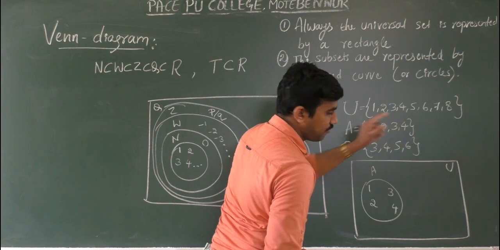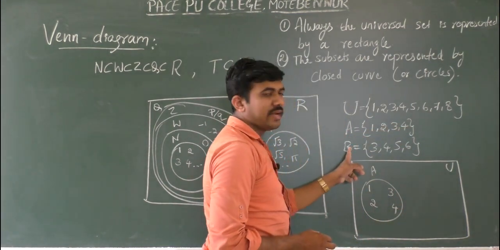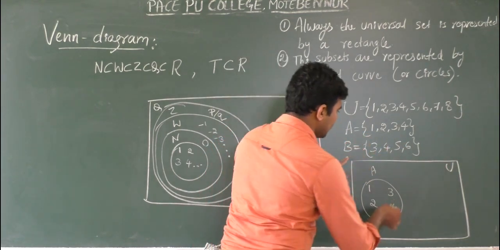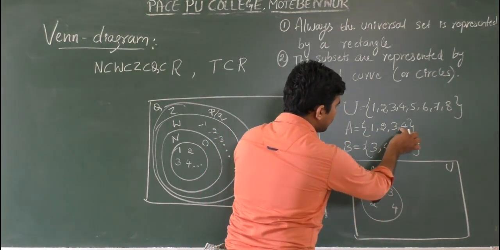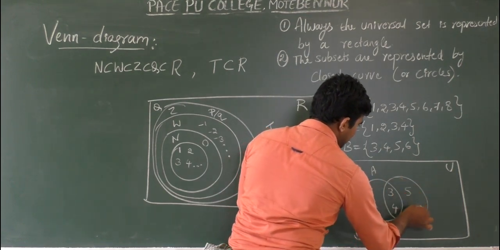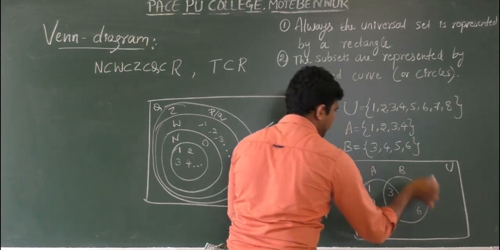And another set we have, B, equal to the set of all 3, 4, 5, 6. Here 3 and 4 are common to both, so I write them together, 3, 4, 5, 6. And this is set B.